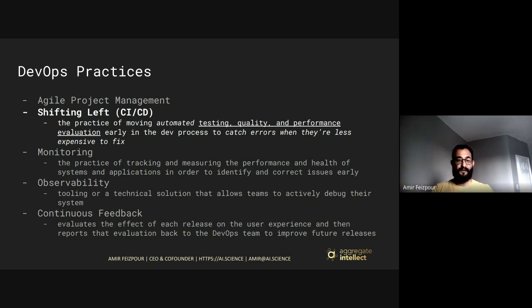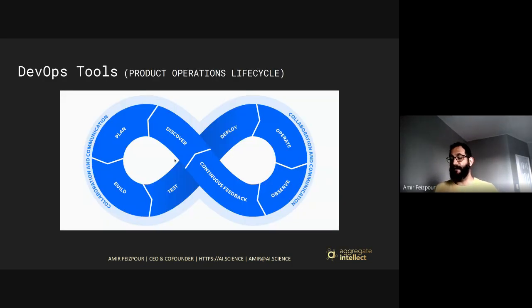The idea of DevOps, very fundamentally, is to bring all of these to the beginning and provide tools that mostly automate these things so that you don't have to worry about them. It is consistent across the board and repeatable, so you can focus on designing and building, and all the other things that might lead to failure are taken care of very early on. So what are some of the tools that we use for this kind of process?